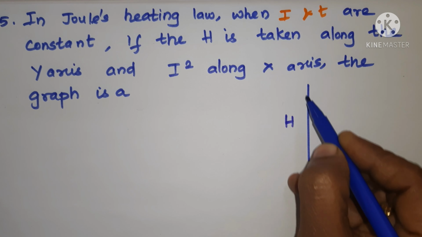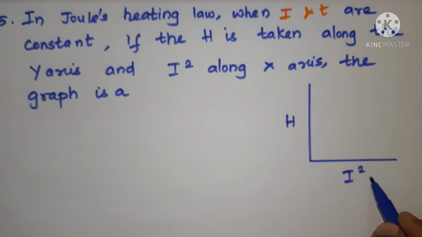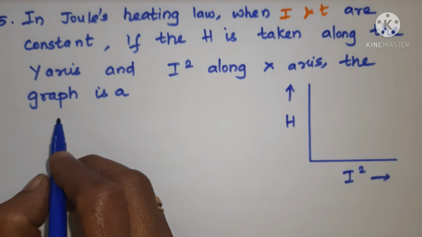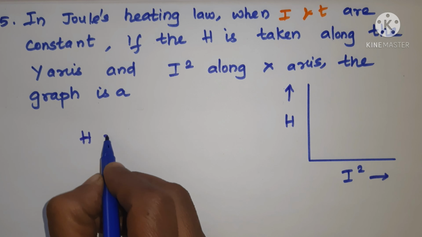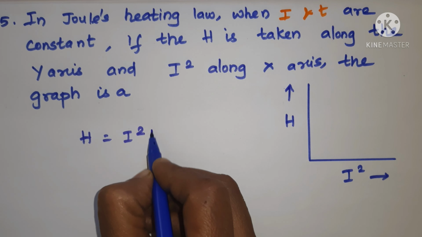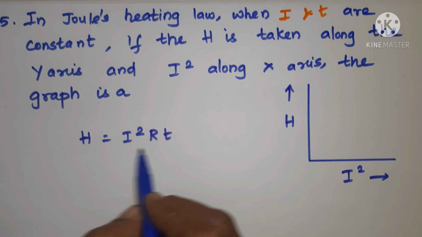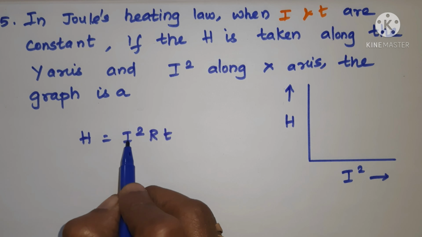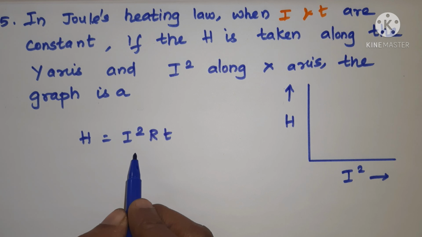We know that by Joule's heating law, H is equal to I squared R T. That is, H and the square of current are proportional to each other.